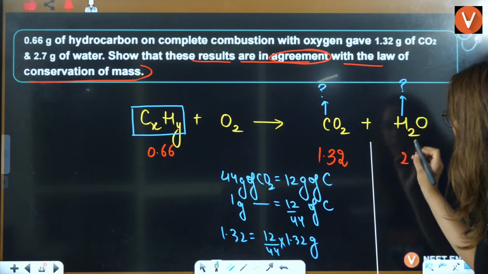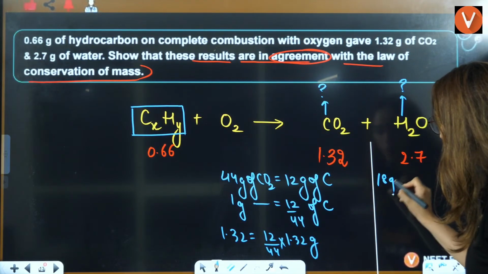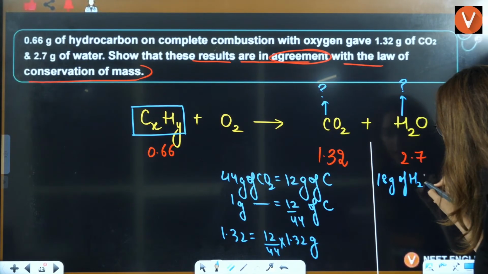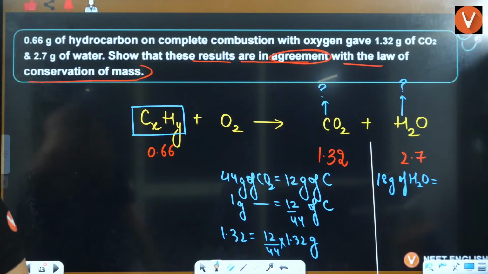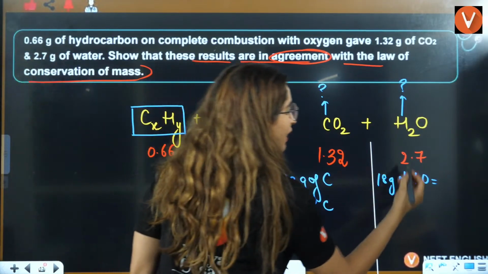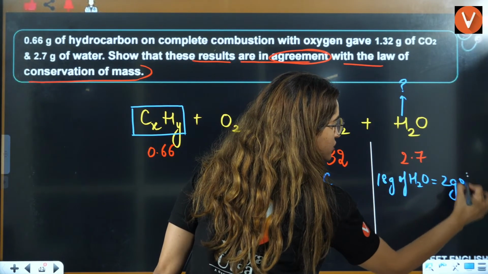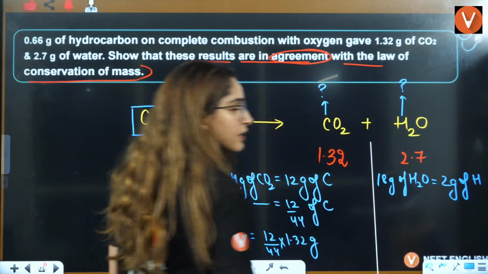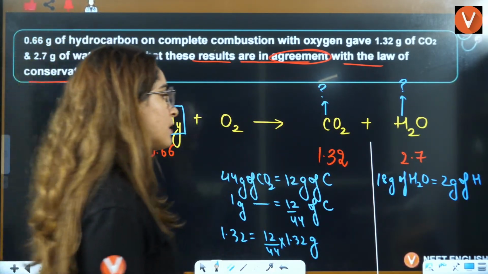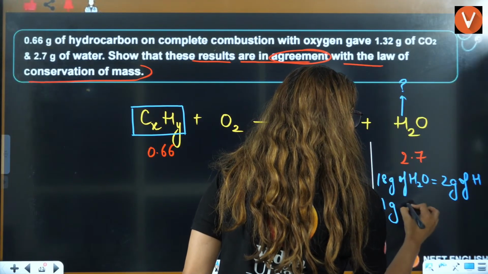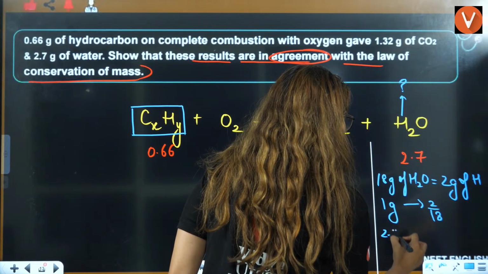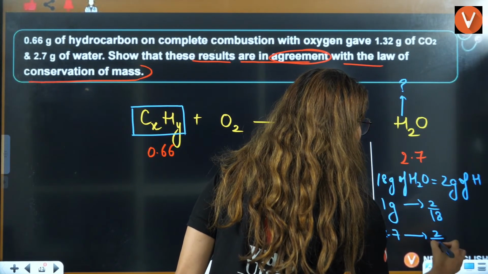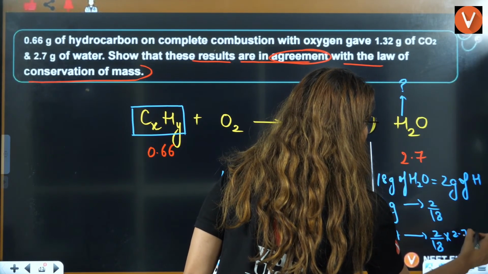You will say that 18 gram of water will have how much gram of hydrogen, guys? It has 2 gram of hydrogen, right? 2 hydrogens are there. 1 gram will have 2 by 18 and 2.7 gram will have 2 by 18 multiplied by 2.7.